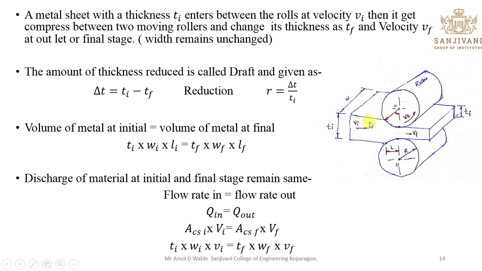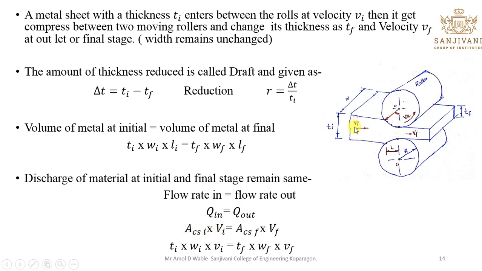So you can consider it as a flow rate, and you know that the flow rate is defined or notified as Q, and we know that Q can be defined as area into velocity. Area, you have to take the cross sectional area. So according to this condition, you can write down flow rate in is equal to flow rate out. Then Q in is equal to Q out. Q we define as cross sectional area into velocity.